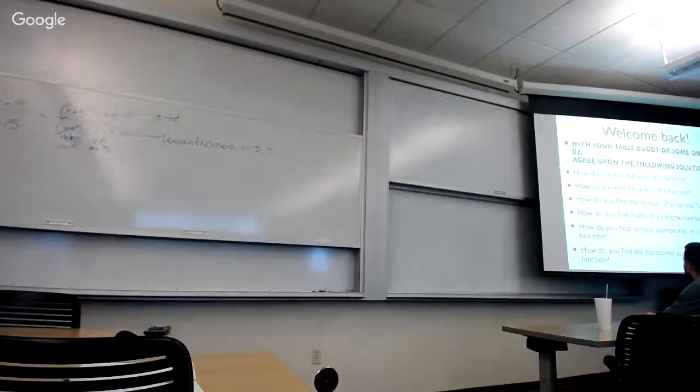And then finally, how do you find the horizontal asymptotes of a rational function? What's the ratio? Yeah, the ratio of the leading terms. So you take the ratio of the leading terms, and that will give you the horizontal asymptote.